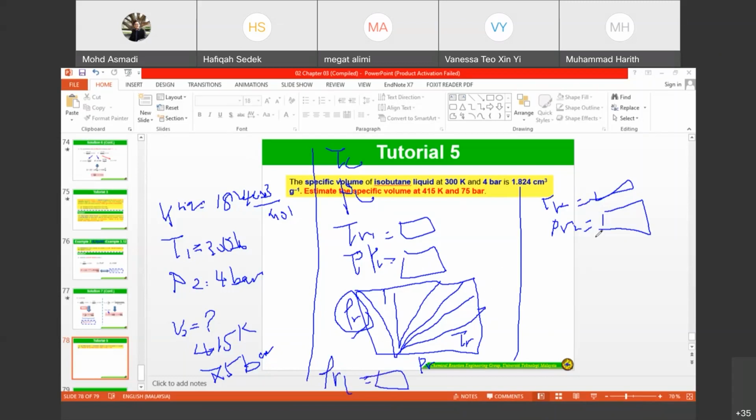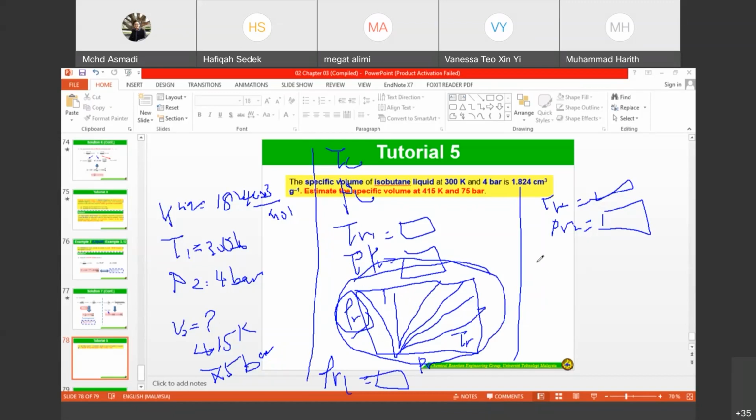For TR2 and PR2, actually it is not within this region. It's outside of the region of the figure of generalized density correlations, so you cannot determine it directly from the figure.